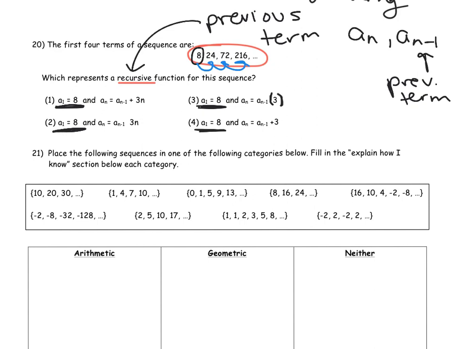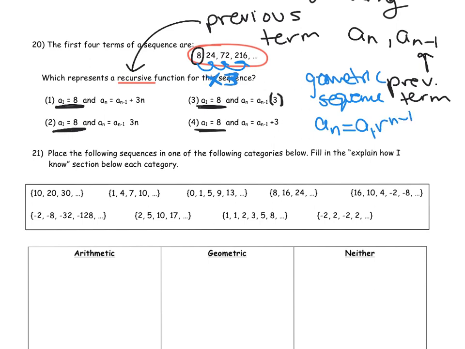Good, this is geometric. We're multiplying everything by 3. So if I were to take my geometric formula for that geometric sequence, the formula was a sub n equals a sub 1 times r to the n minus 1.